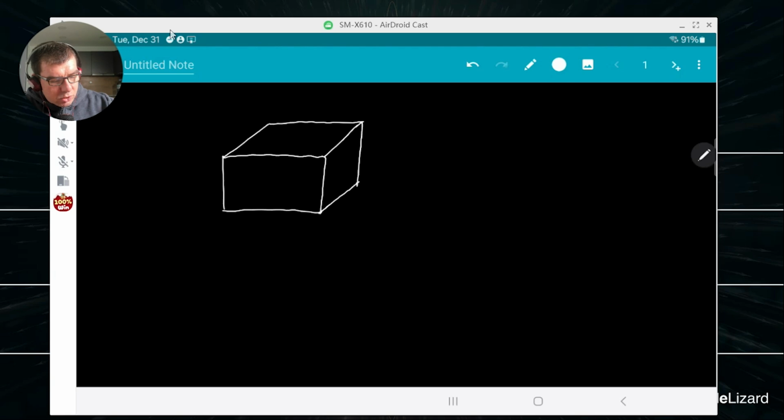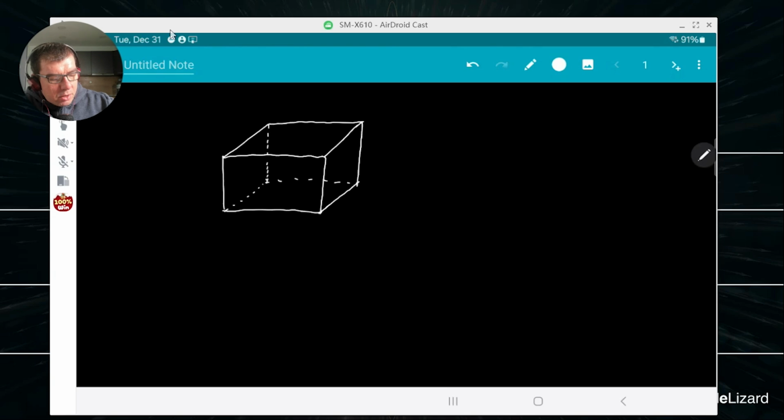Okay, connect these two, and now because this edge, which is on the other side of the prism, is not visible from our point of view, we are going to use a dotted line like this. Okay, an interrupted line, and we connect here, and this is how we draw it.